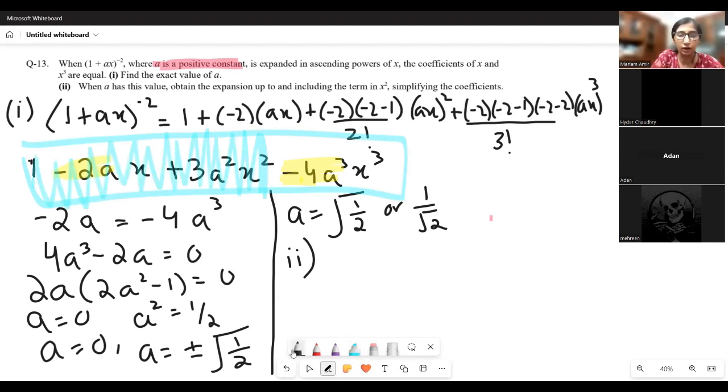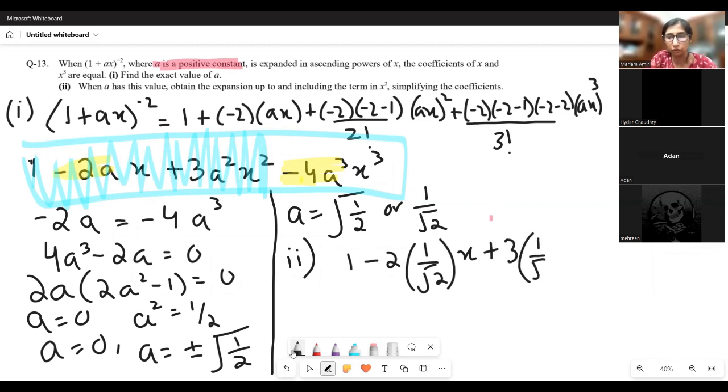So we have 1 minus 2 times 1 over under root 2. Again, there shouldn't be a third term in the denominator, like we discussed in yesterday's lesson. So I'll just multiply 2 and 1 over under root 2 in the calculator and that should fix the problem. Plus 3 times (1 over under root 2) whole square x square.